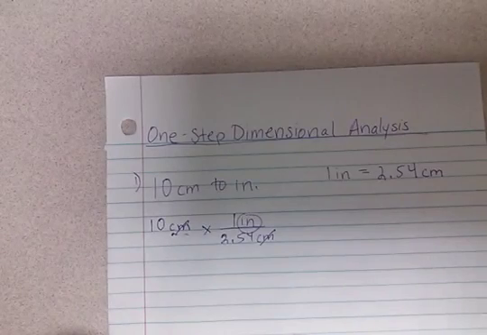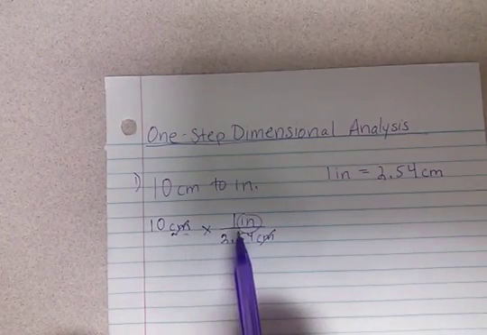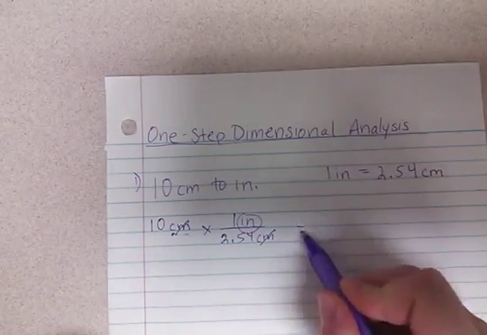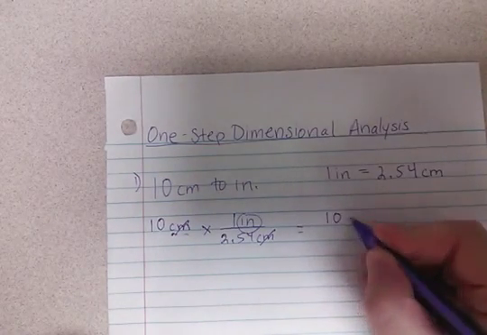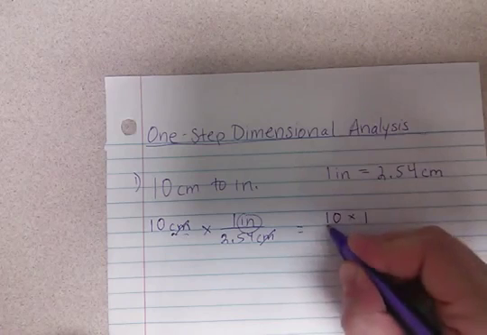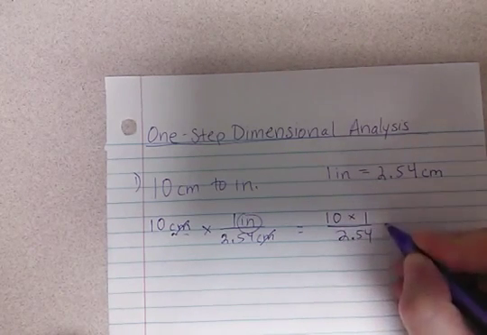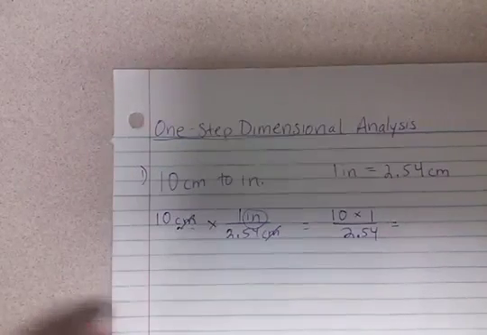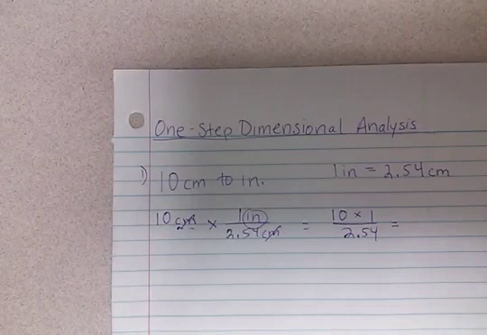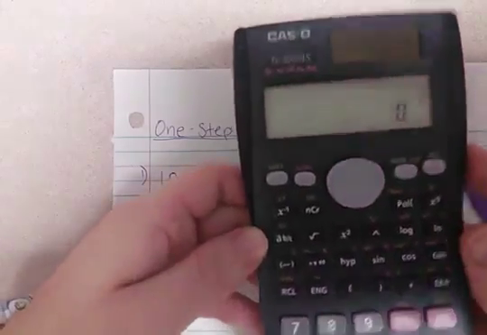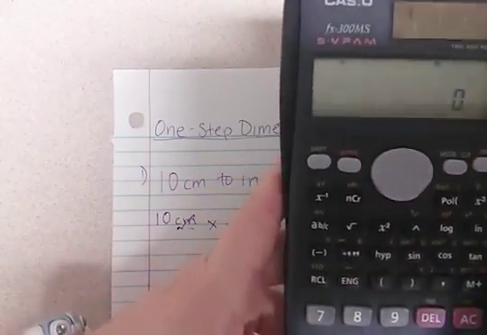Our next step is to multiply everything on the top and divide by everything on the bottom. So in this case, we're just doing 10 times 1 divided by 2.54, and 10 times 1 is just 10, so we end up just doing 10 divided by 2.54, and feel free to get out your calculators for this.